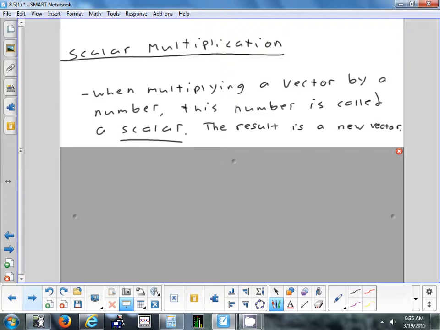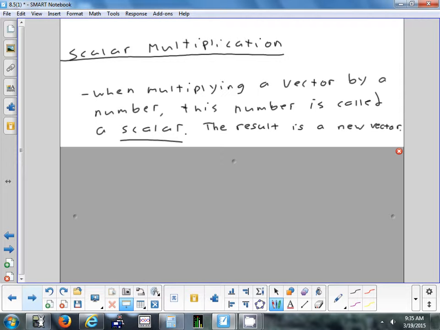Kind of gave away a little bit of it, but anybody have an idea what's one thing that a scalar could do to a vector? Stretch it. Yep, make it longer, definitely. Could make it shorter. Think about all the kinds of numbers that you could multiply by. It could flip it, make it the opposite.